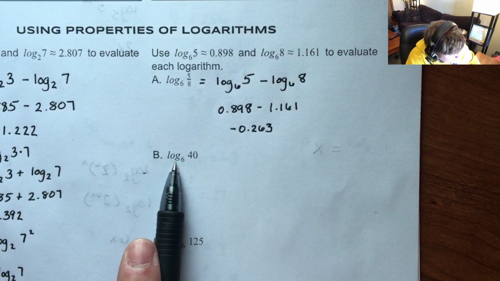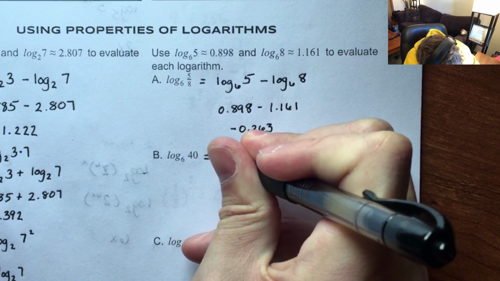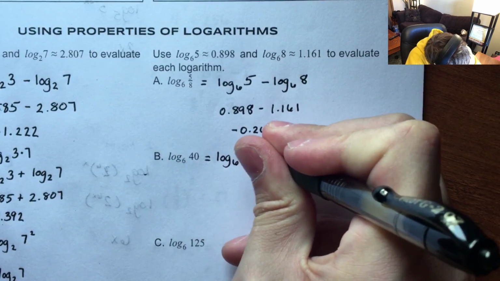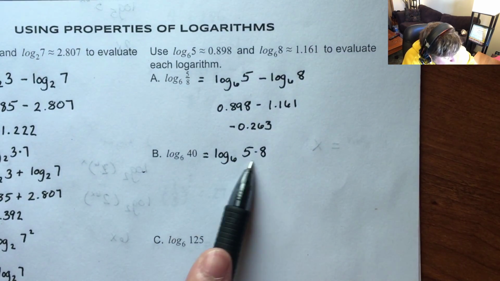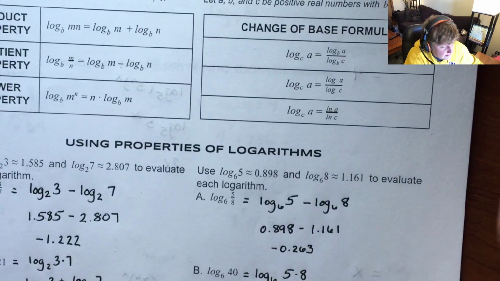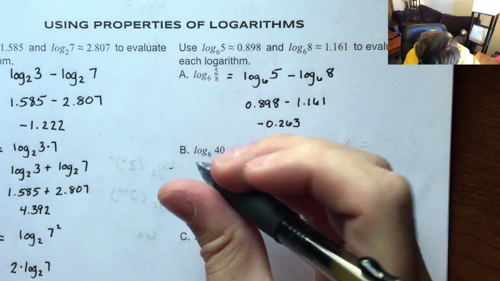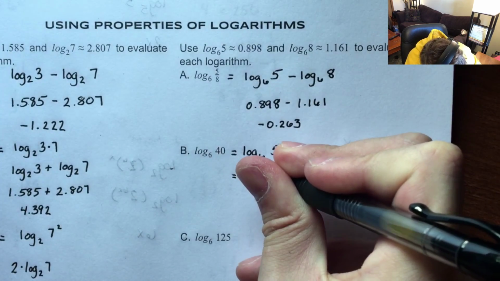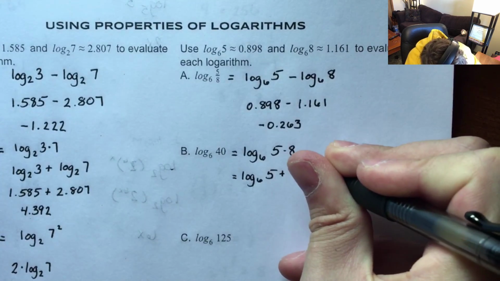This one here, log base 6 of 40. I know this is the same as log base 6 of 5 times 8, since 5 times 8 is 40. Now I have a product, and my product says I can split it up using addition. So this is the same as log base 6 of 5 plus log base 6 of 8.